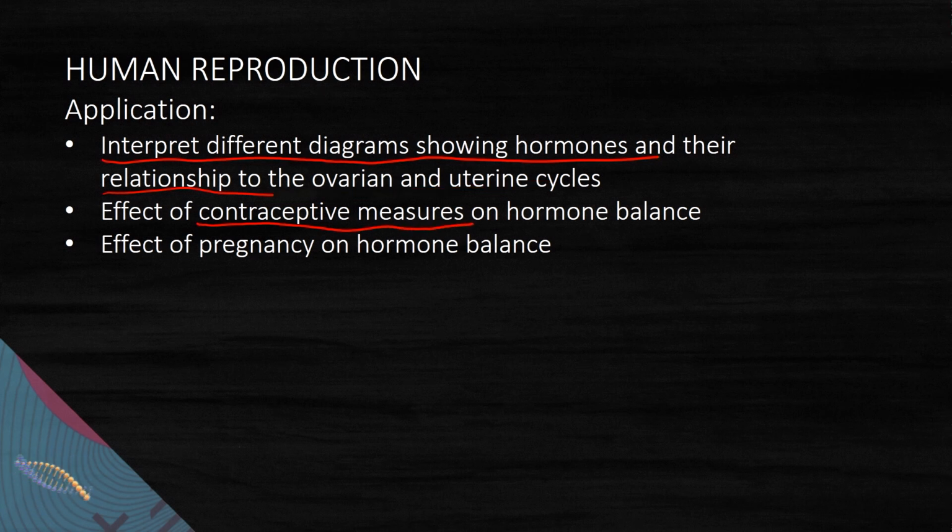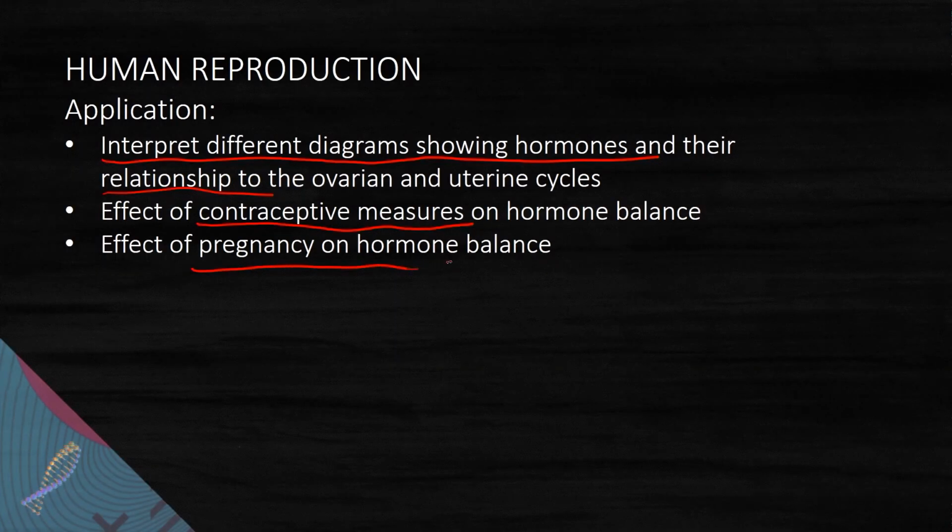How does contraception work? Because many of the methods are very, very closely tied to the hormonal control of menstruation. Then once fertilization has occurred, you also have to be able to say, okay, well, if a woman is pregnant, how is this going to affect the balance of the different hormones?